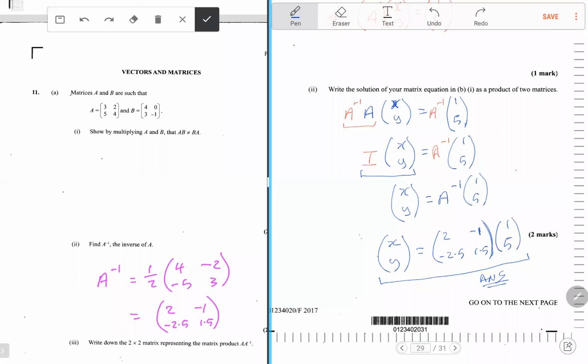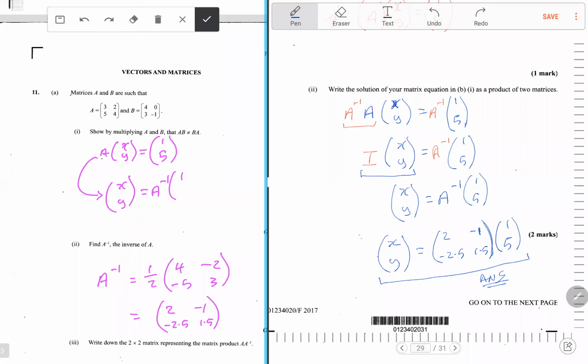All right, I didn't want to solve it this time. So what I put in red up here is what is happening behind the scenes. And normally, right over here, we just say A times XY equals the 1, 5. I'll just jump and write XY equals A to the minus 1 times 1, 5.